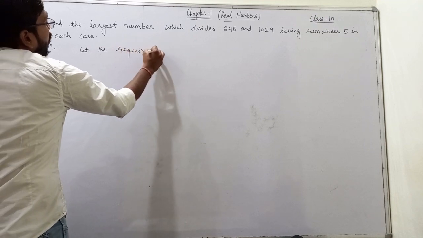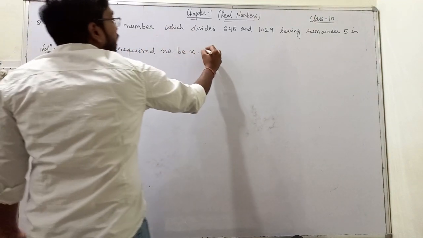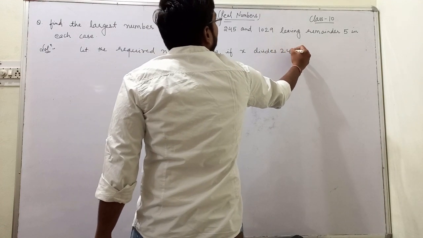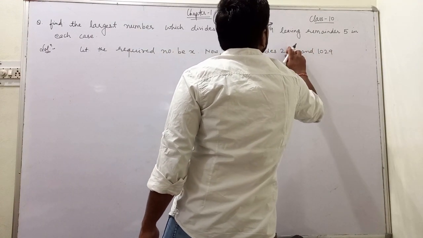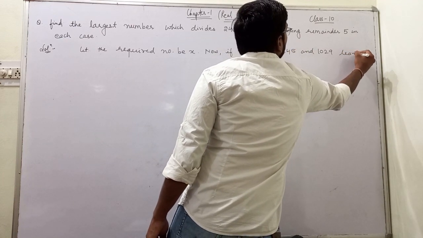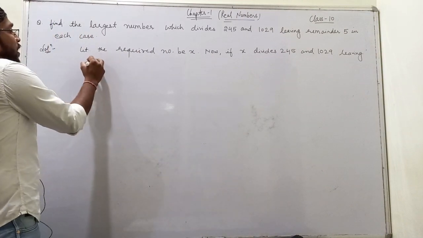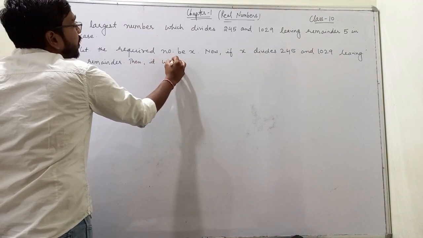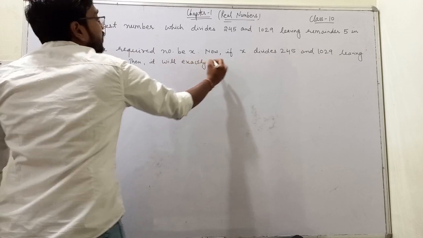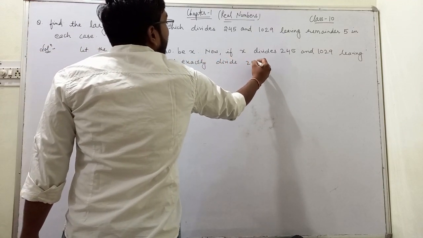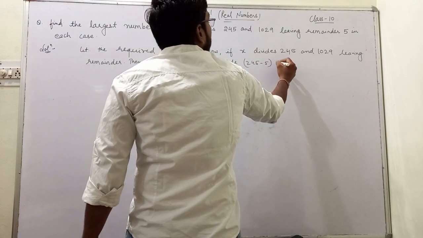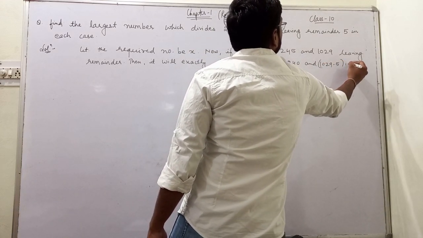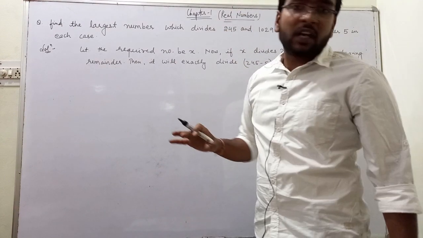Now, if x divides 245 and 1029, leaving remainder 5, then it will exactly divide 245 minus 5, that is 240, and 1029 minus 5, that is 1024. I hope you must have understood this.